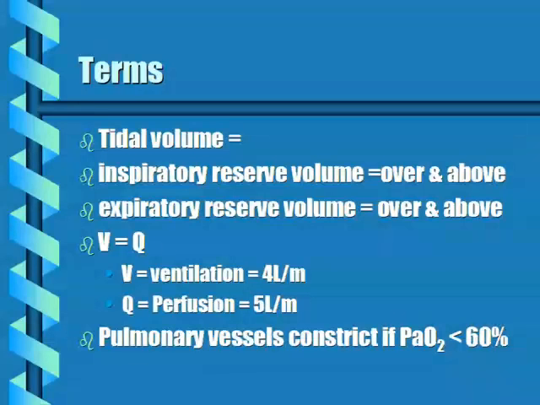That's why your patients who have chronic lung disease, COPD, emphysema, develop pulmonary hypertension, because when their PaO2 level drops below 60, your pulmonary vessels constrict, makes it harder to pump that blood from the right side of the heart to the lungs, increases right atrial hypertrophy, right ventricular hypertrophy, can send your patient into cor pulmonale. And I know you remember all of that from patho. It was just last semester.